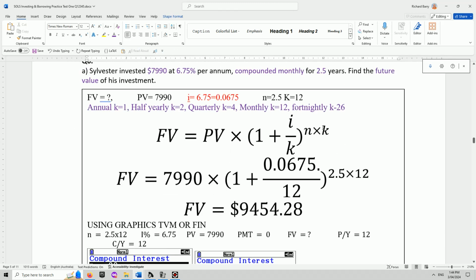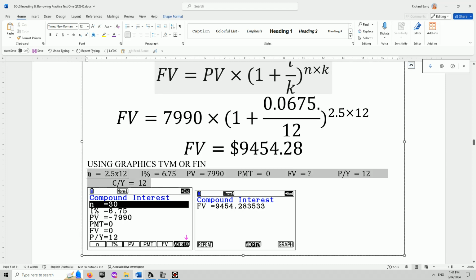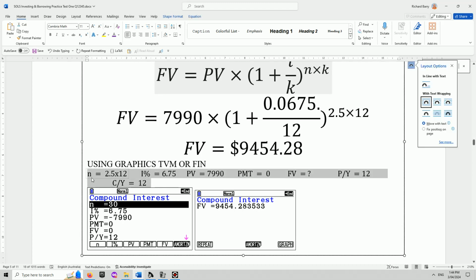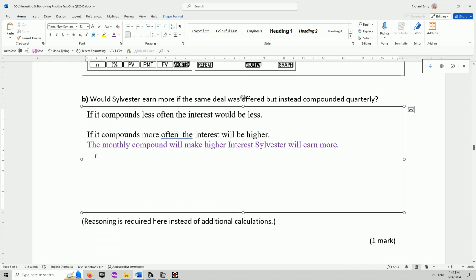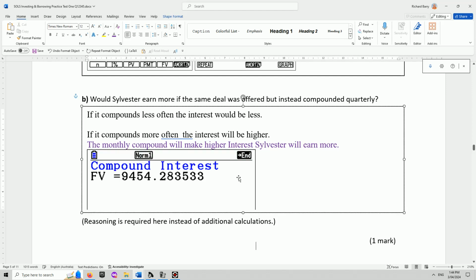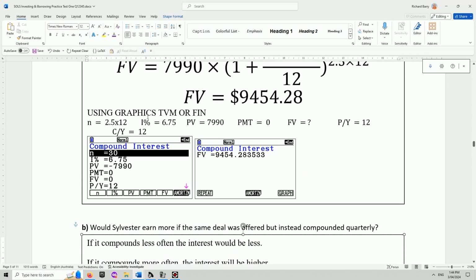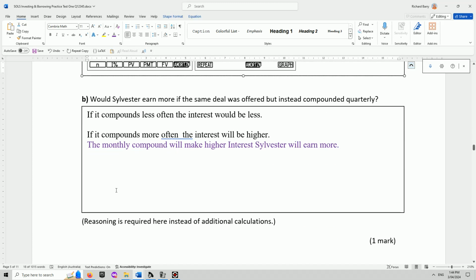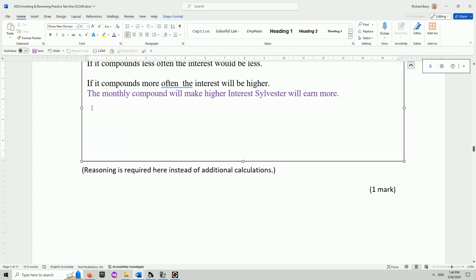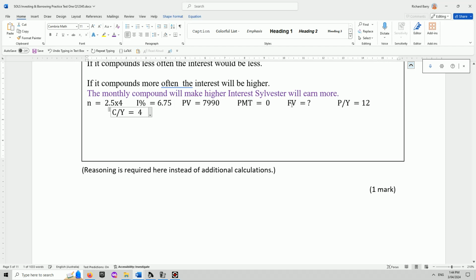The major difference is this step here will be 2.5 times 4. Quarterly, this will be 4. Let's go see what numbers this makes.